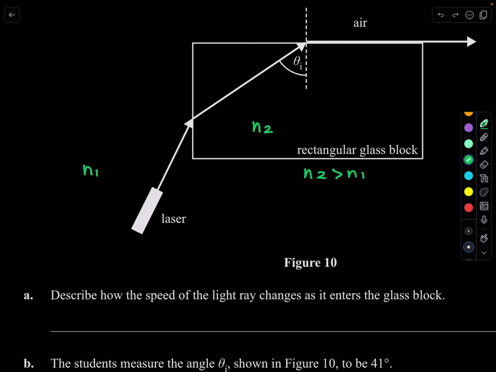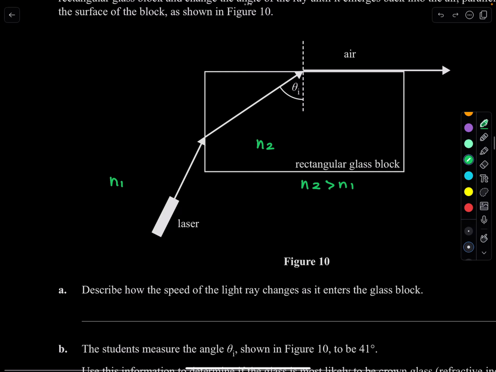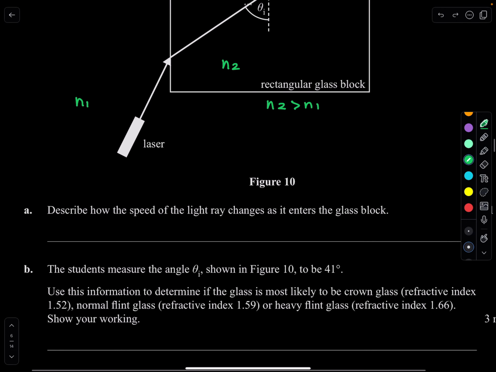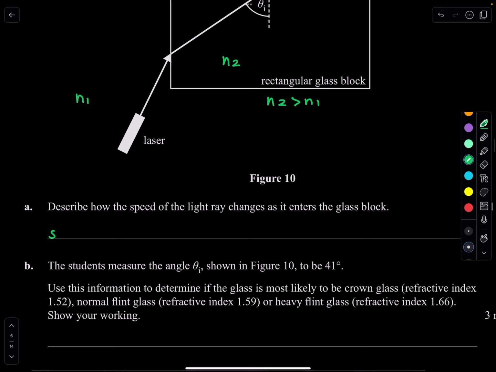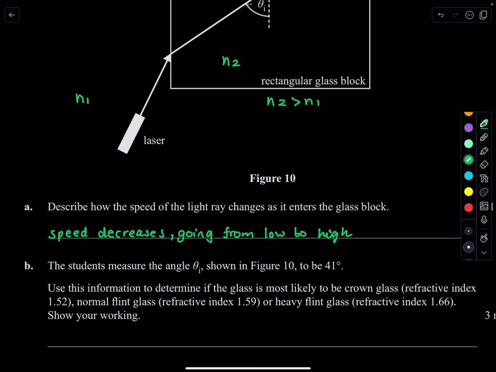The speed of the ray decreases as it enters the block. So I would just write: speed decreases going from low to high refractive index.